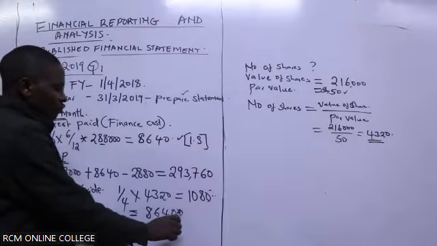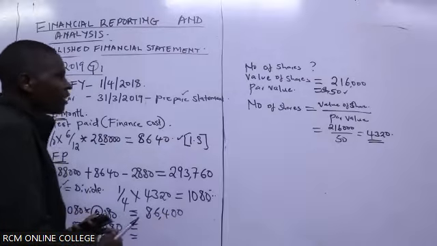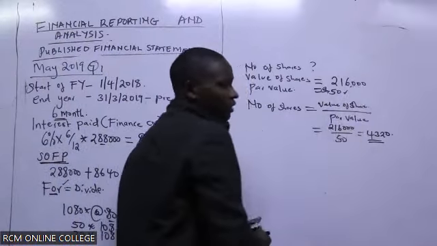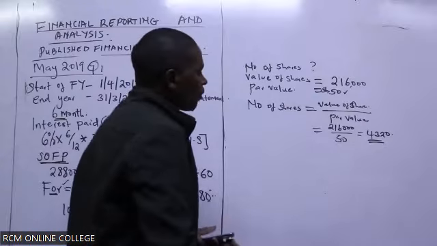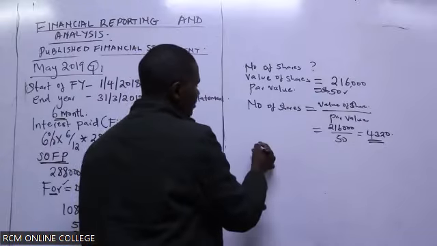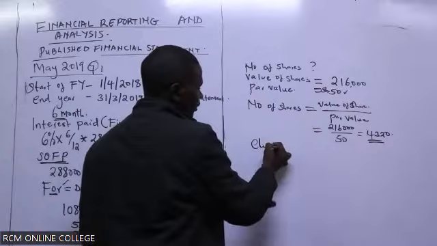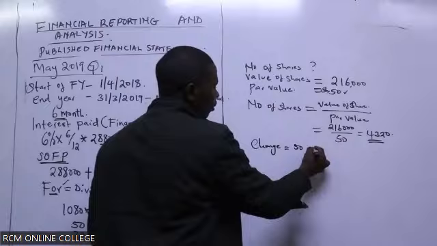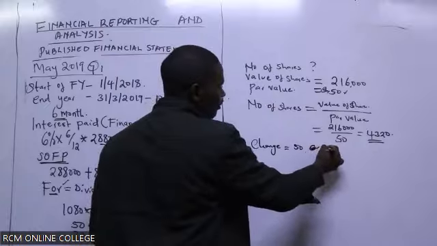That has given us the total. But now we have seen that our ordinary shares were issued at 50, so there is a change here.